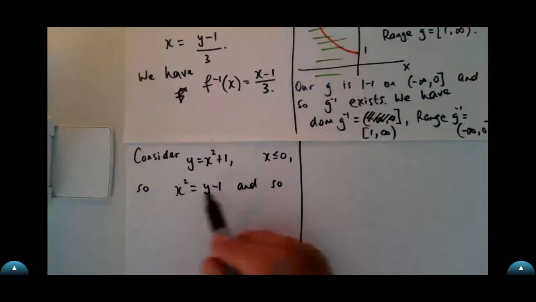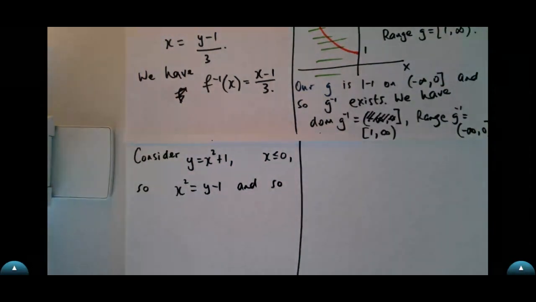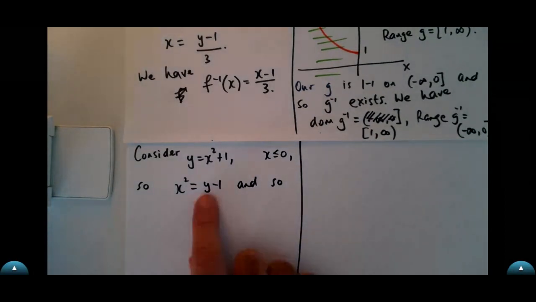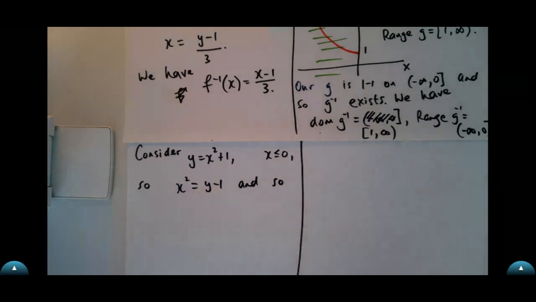So if I take the square root of both sides, we're not sure whether we want the positive square root or the negative square root. So can anyone tell me, if I take the square roots here, do I want positive or negative values? Can anyone tell me in the chat? Okay.